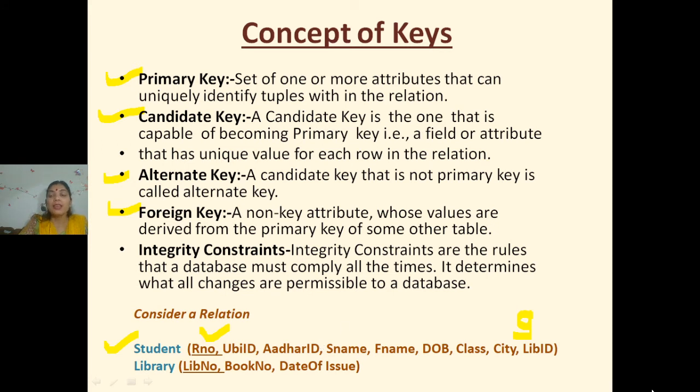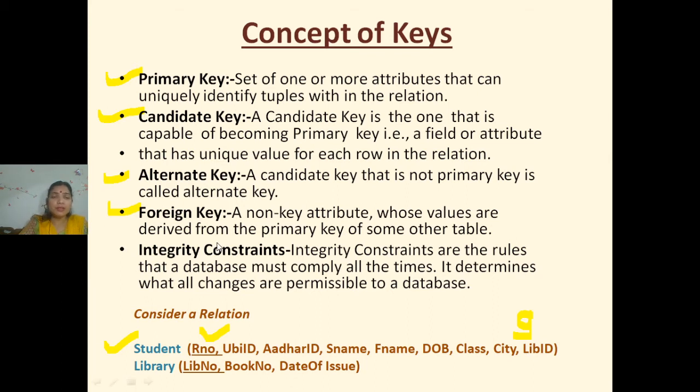Yes? And through the library ID, the class teacher can see which books are issued by the student. Yes, that is why this foreign key concept is very important. It actually implements the particular property of relations in the relational model also.